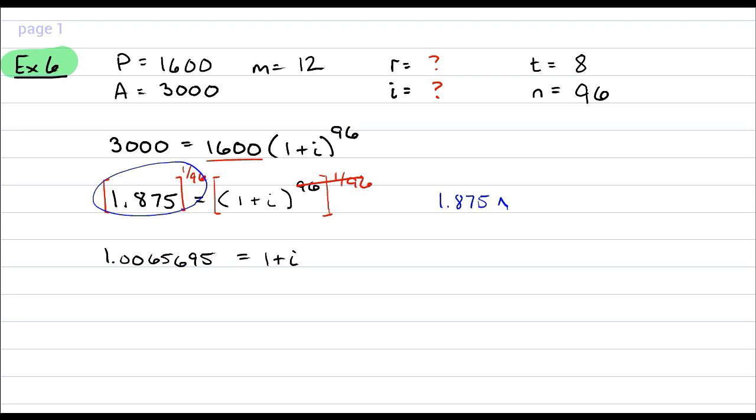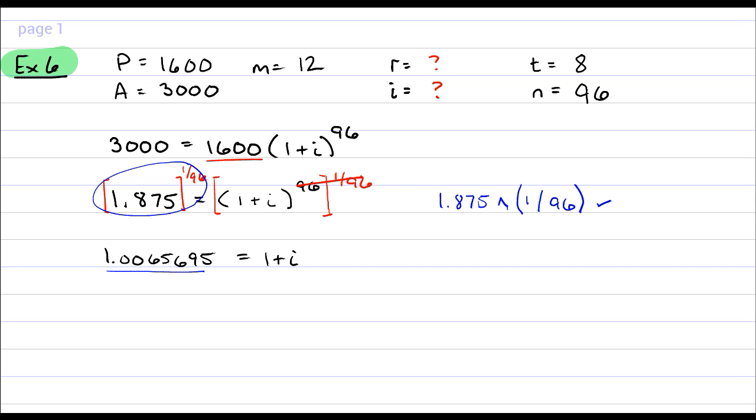And if you just write 1 over 96, that's not quite going to work out correctly. That's going to take 1.875, raise it to the power of 1, and then divide the result by 96. If you actually want the entire 1 over 96 in the exponent, you'll need to put parentheses. But if you enter it in like this, then you should get the correct answer, 1.0065695.